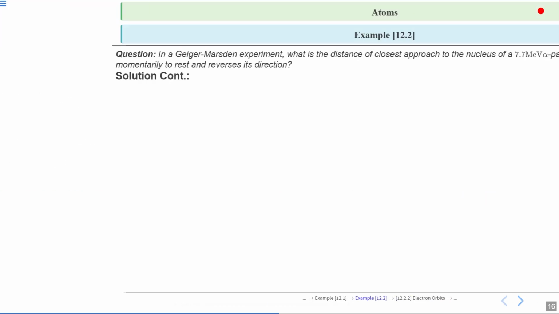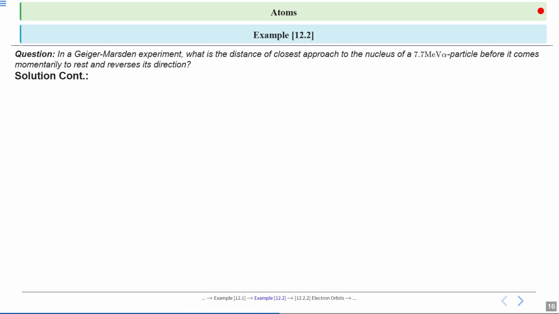Now we'll solve it. So here we see the distance of closest approach d equals 3.84 into 10 to the power minus 16 Z meters. In this equation, d is the distance in meters and Z is the atomic number of the nucleus we will use.